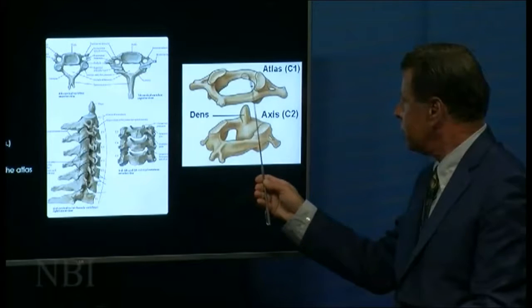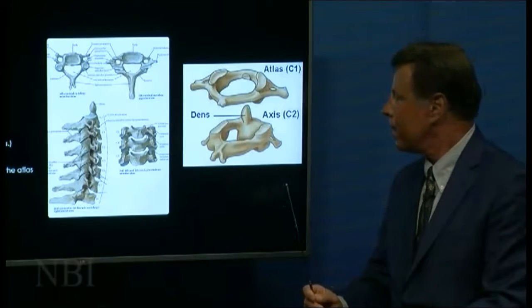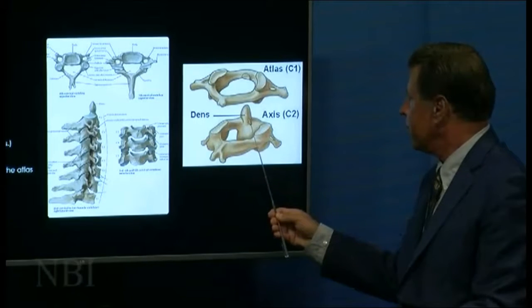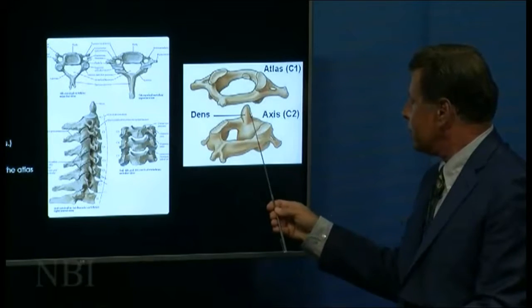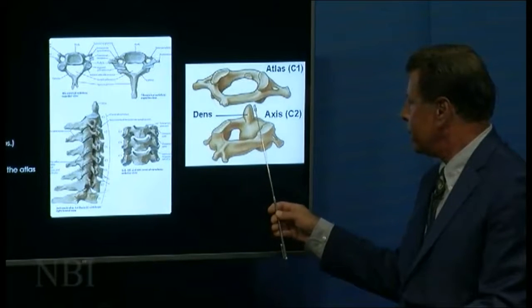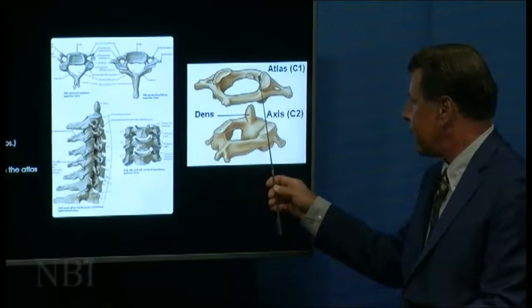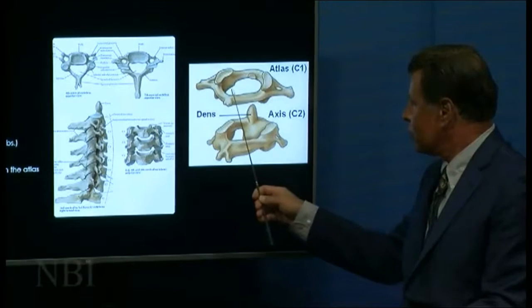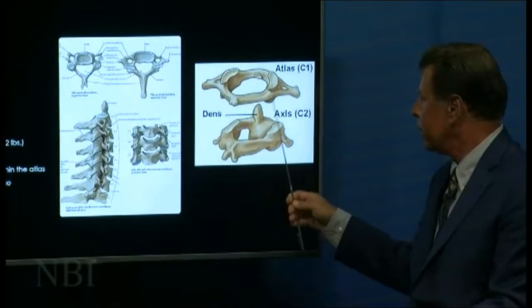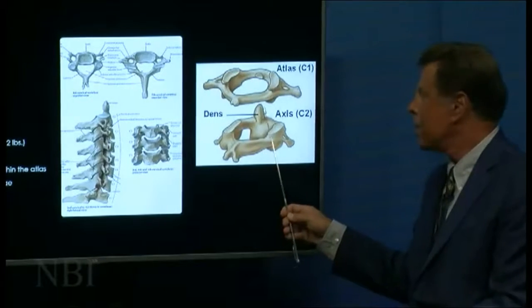And your rotation of your neck, the ability to go like that, predominantly is at the C1, C2 area. What it does is this dens, the odontoid, is basically a pivot point, and this actually fits inside the atlas. And this is also held in place with, we don't have it on here, but it's called the transverse ligament, which holds everything in place.